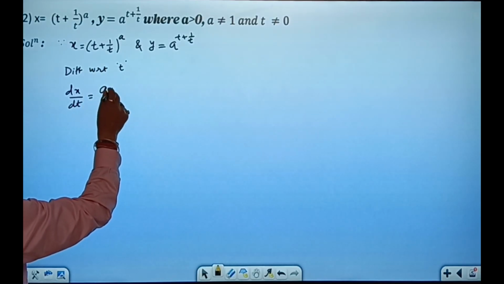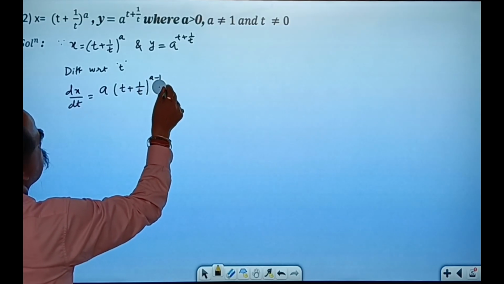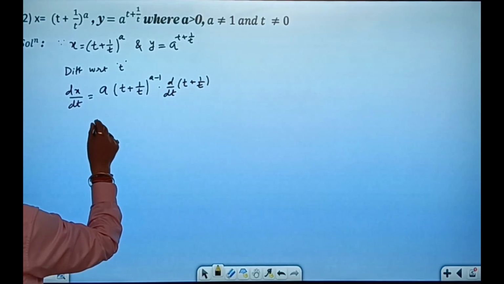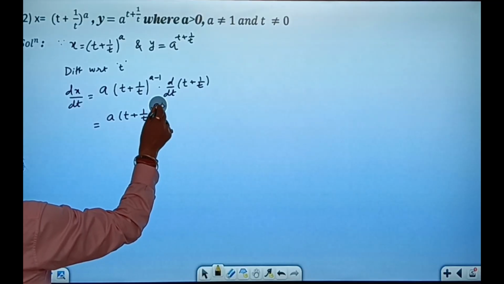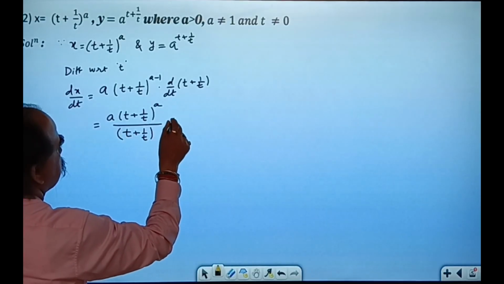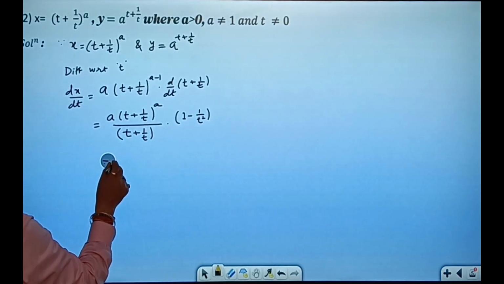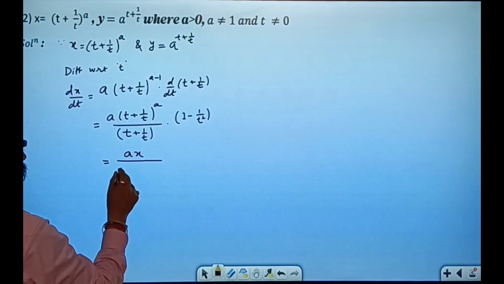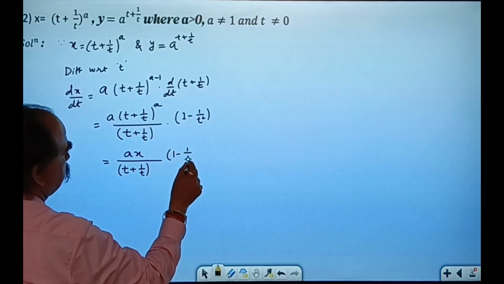Take derivative of power: a (t plus 1 upon t) raised to a minus 1 into d by dt of (t plus 1 upon t). That is a into (t plus 1 upon t) raised to a upon (t plus 1 upon t), into (1 minus 1 upon t square). And (t plus 1 upon t) raised to a is what? x. So ax divided by (t plus 1 upon t) into (1 minus 1 upon t square).